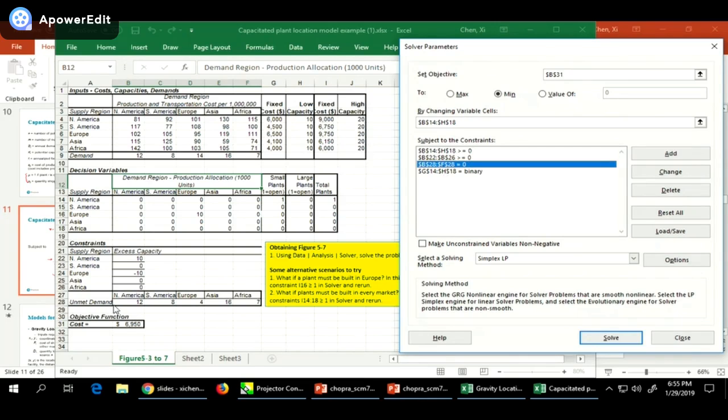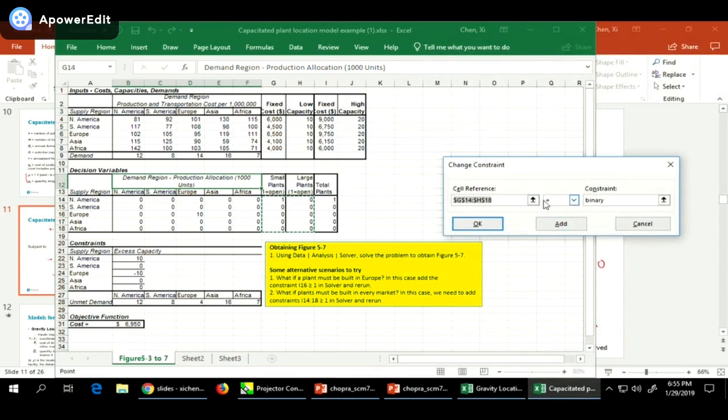The unmet demand cells should be equal to 0. Finally, our y variables should be binary. When you add these constraints, you can specify whether it's equal to something, less than something, greater than something, or integer values, binary values.